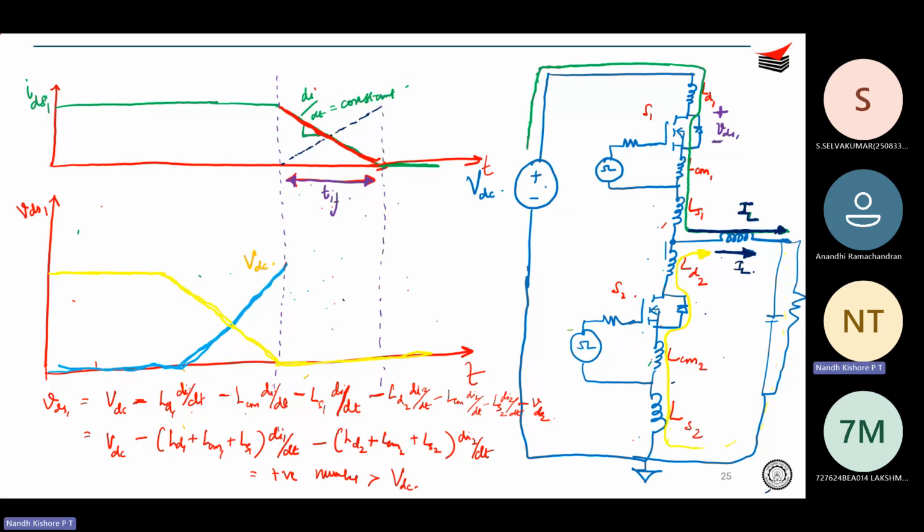Do you agree? VDS1 would go more than VDC? Is this fine?